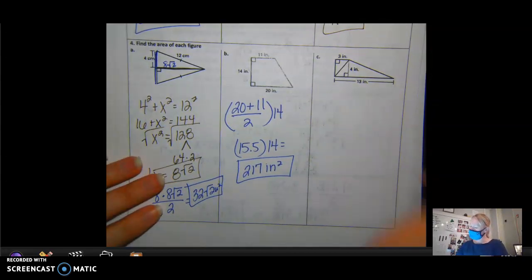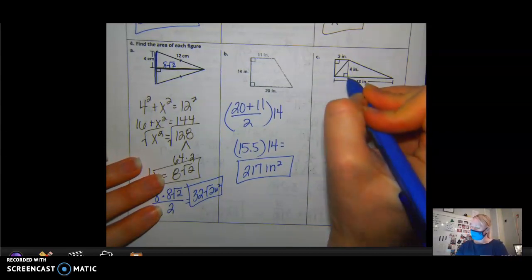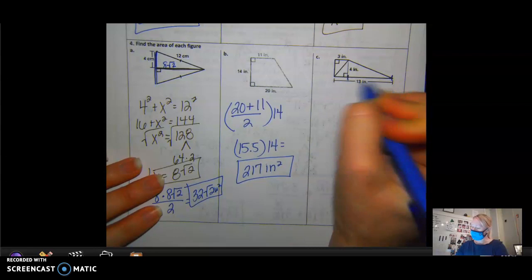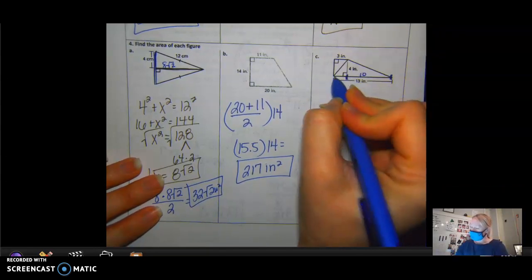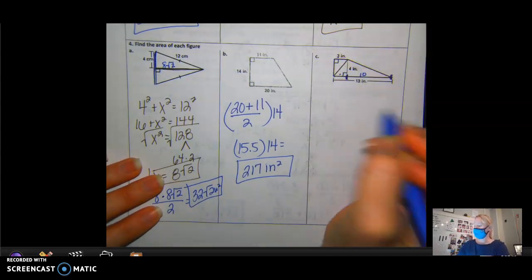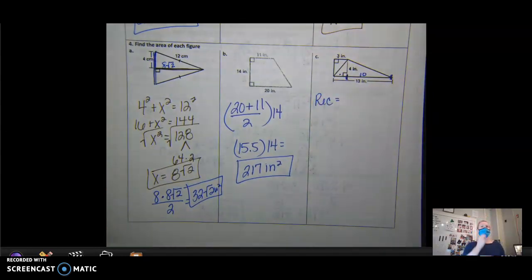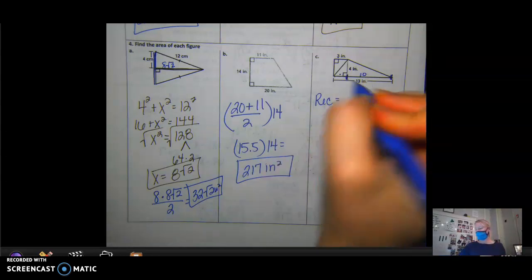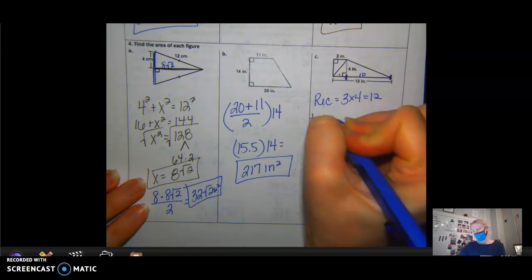Okay, here we have what looks like a rectangle and then a triangle, right? Guys, what's my distance from here to here? It's 10. Because from here to here it says it's 3, right? Okay. This is a rectangle. So the rectangle, how do you find area of a rectangle? Just base times height. What is your base and your height of that rectangle? So it'd just be 3 times 4, which is 12. But then we have a triangle there.